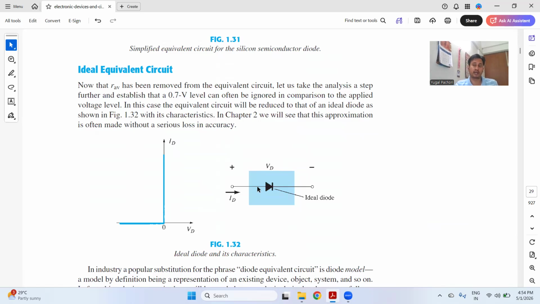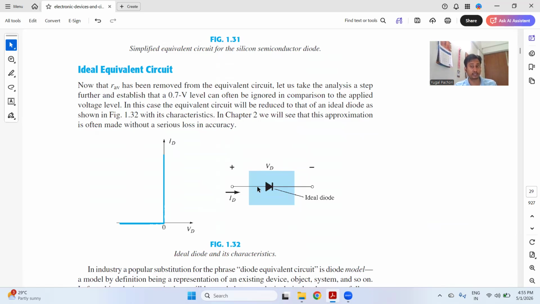So therefore, there are three conditions that we can see. One is the piecewise diode, another is the simplified model of the diode, and the third is the ideal equivalent circuit of the diode. But actually, there are two scenarios, ideal and practical. In the practical sense, there are three scenarios: piecewise, simplified, and ideal. But generally, there are two, practical and ideal.